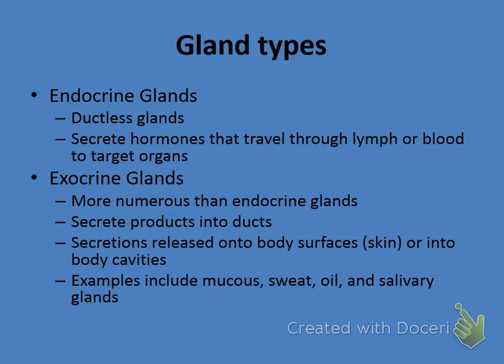Exocrine glands also include the mucus glands in your mouth and different parts of your body, and we have the sweat glands, oil glands, salivary glands, and mammary glands, which all produce a substance and put it in a duct or a tube, and then it's moved to a different part of that area.